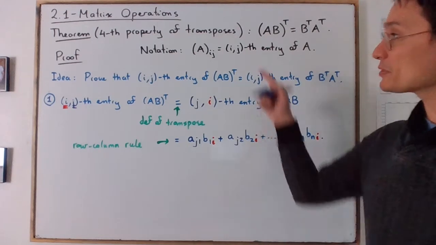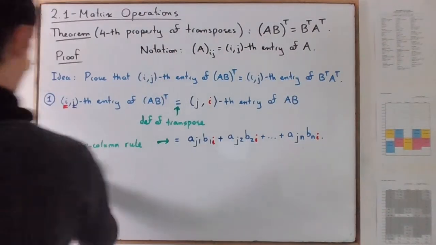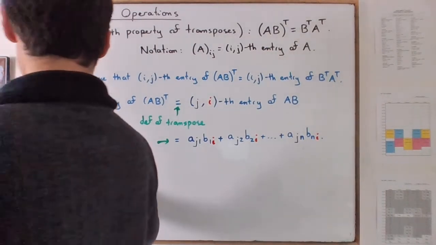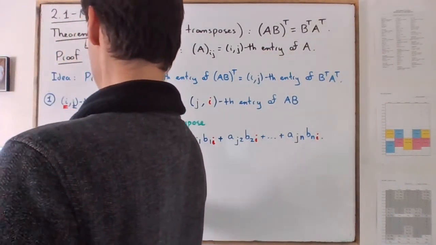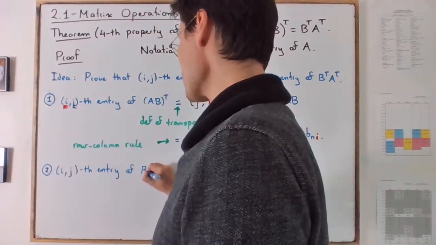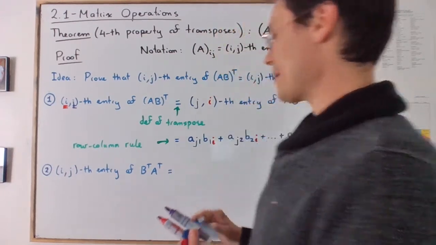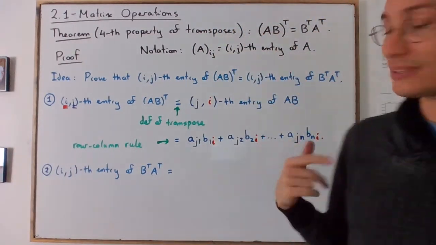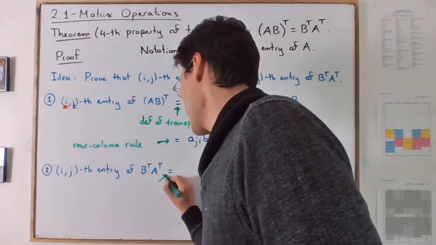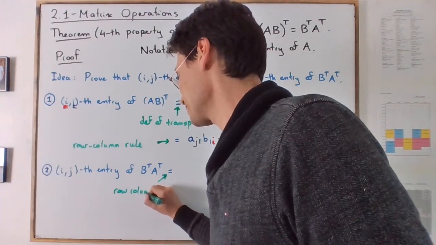Step number two is where I will use this notation. We want to write the ij entry of B transpose A transpose. Now I'm going to use the row column rule directly.